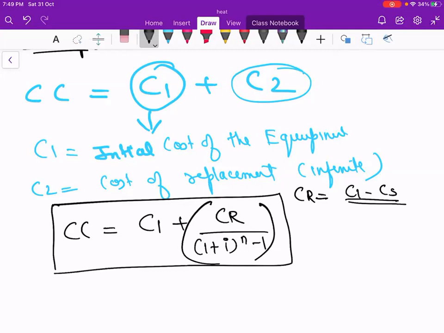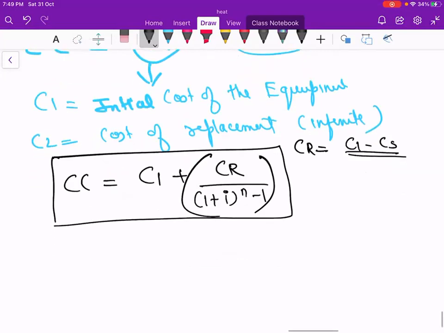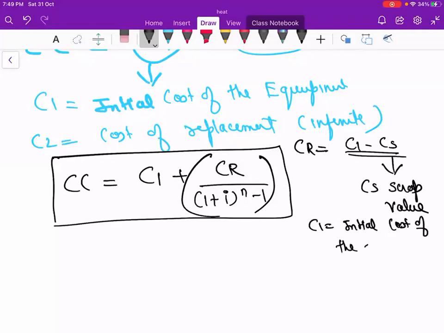CS is the scrap value, C1 is the initial cost of the equipment, and CR is the replacement cost.